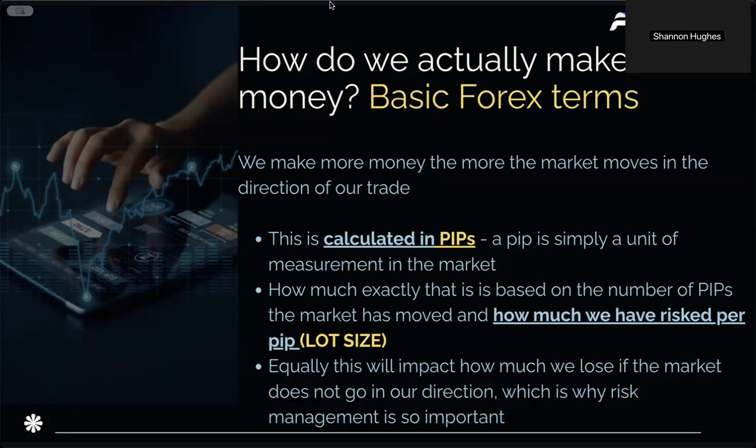But how much we make is based on how much we have risked per pip, and I even put this one in big letters. If you've gone through the basics course, you should hopefully know what this is, and that is a lot size. The lot size will determine how much we are risking per pip of movement.